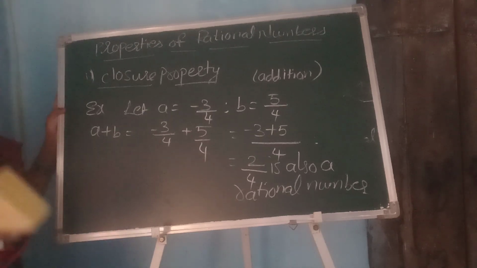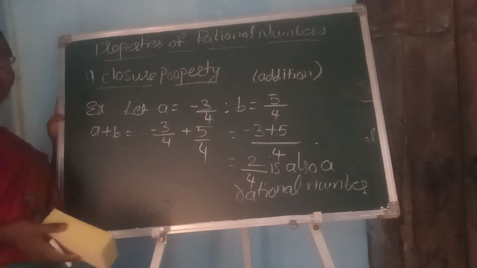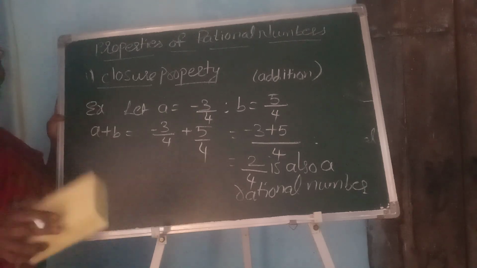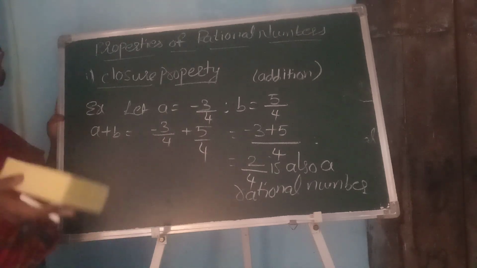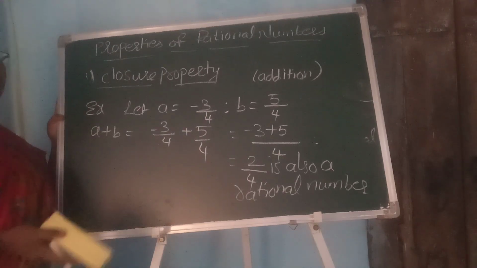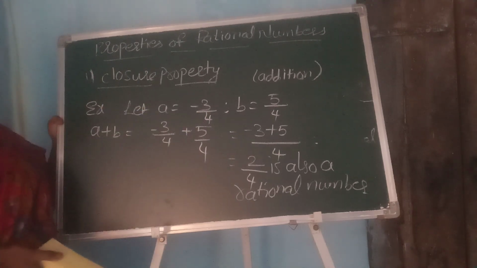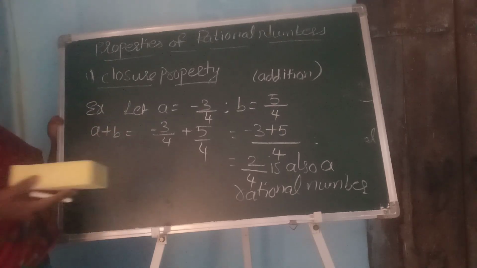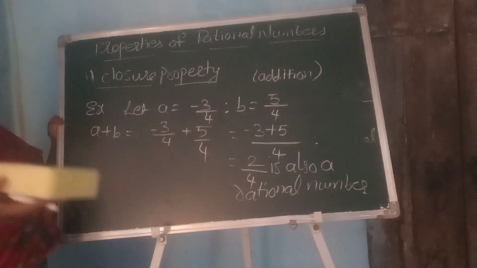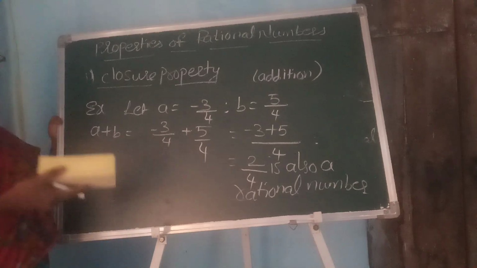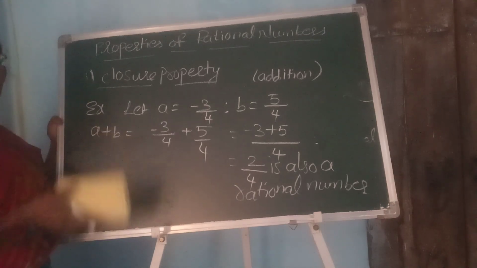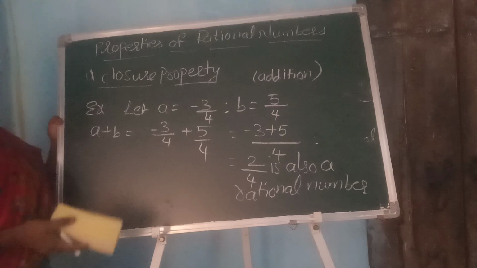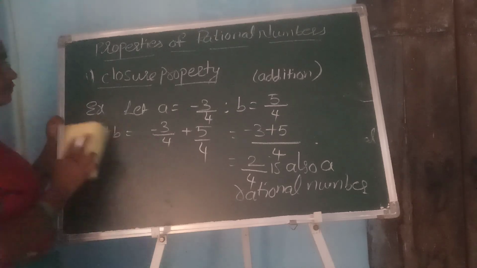Whatever I have written on the board for addition, wherever the sum is there, change it into multiplication. Now we are going to see the examples for multiplication of the closure property.